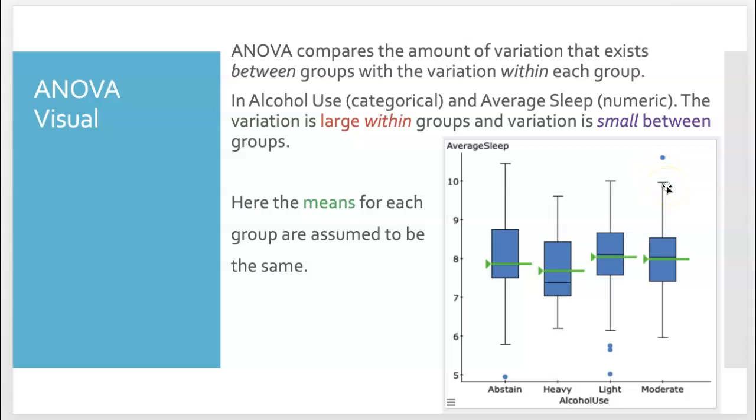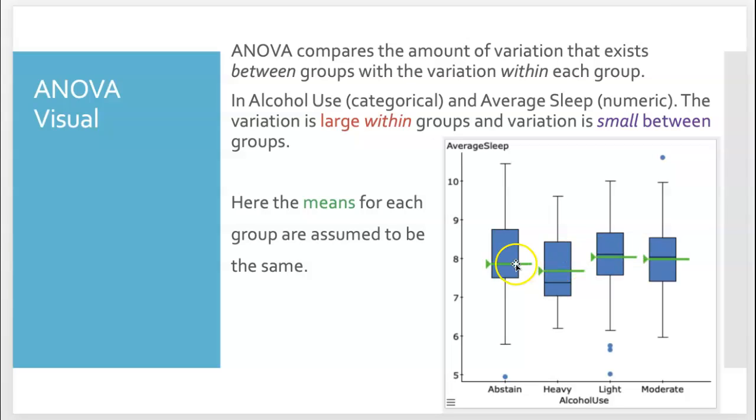But if you look at these green values, the variation between groups, the mean goes to 7.9, then 7.8, then 8.1, then about 8. There's not a lot of variation, so we said the variation is small.